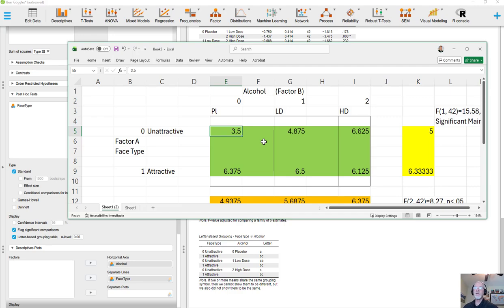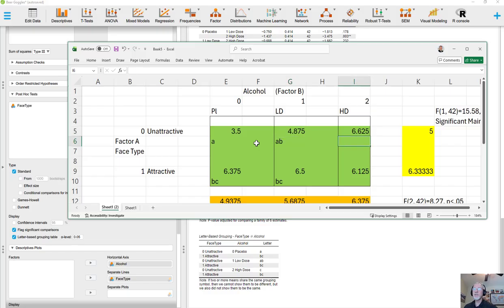And the letter-based grouping starts with unattractive placebo is an A. Attractive placebo is a B, C. The unattractive low dose is an A, B. The attractive low dose is a BC.